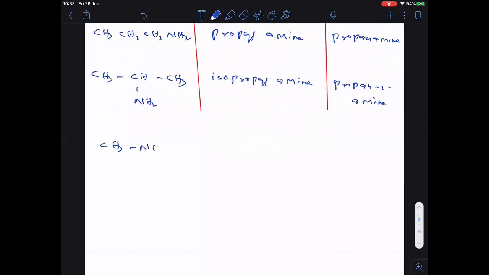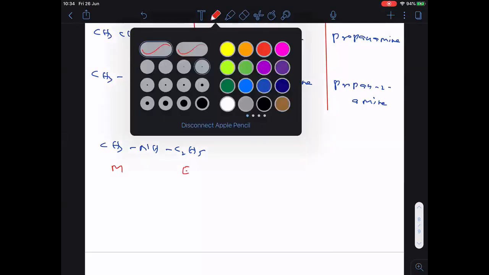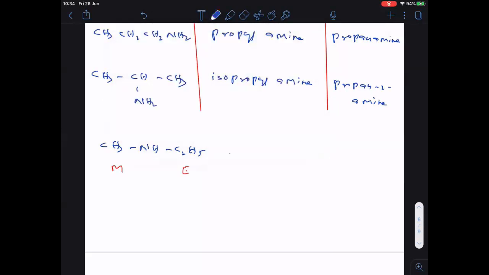Now, here let me take one secondary amine. In the common system, we have to name the alkyl groups in alphabetical order. This is ethyl, this is methyl. In alphabetical order, ethyl comes first. Therefore, this is said to be ethylmethylamine.